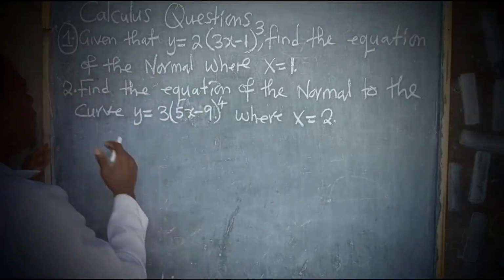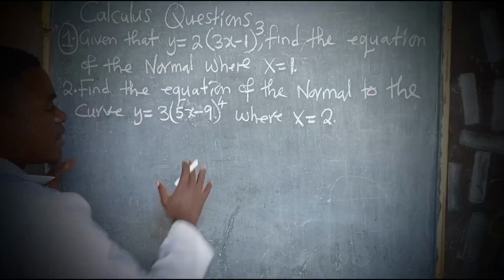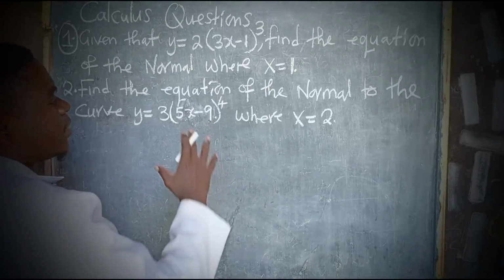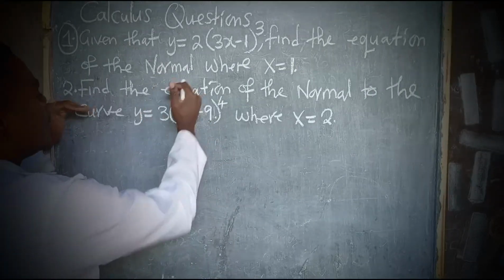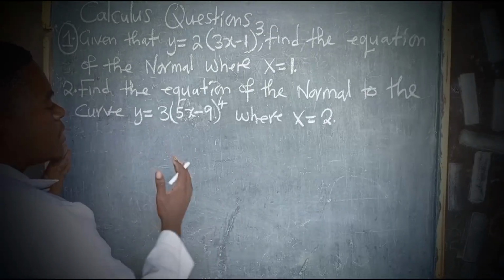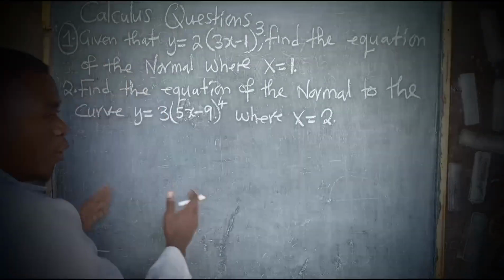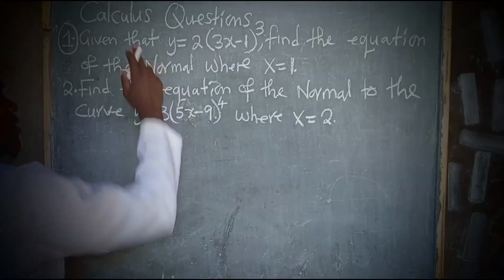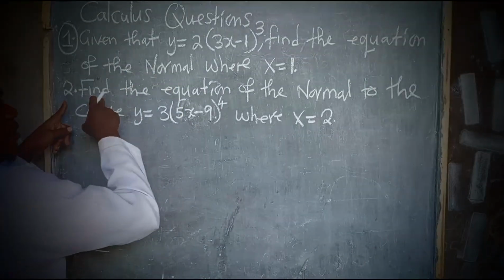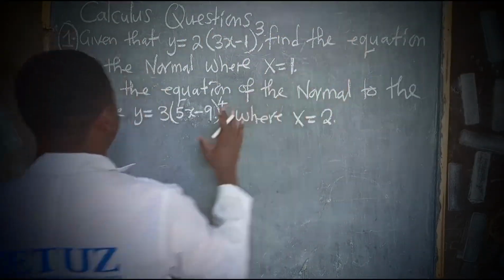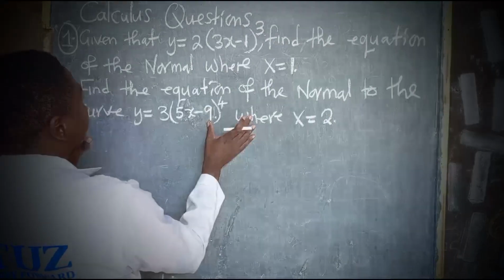The first question is calculus, and we are taught to find the equation of the normal. These two questions are all talking about the equation of the normal. This is my question, your question is this one. The same way I'm going to answer this is how you're supposed to answer this one.